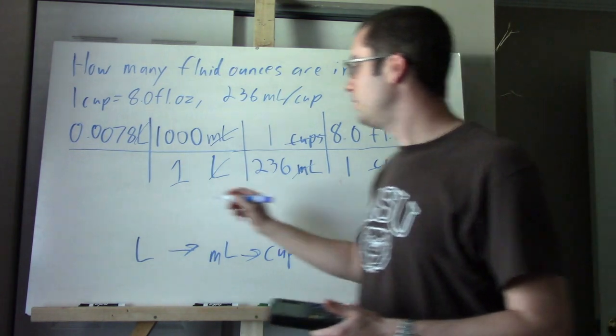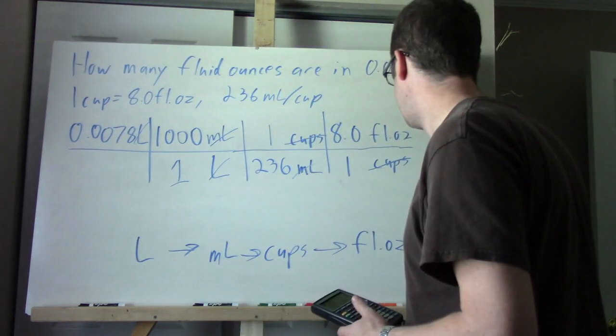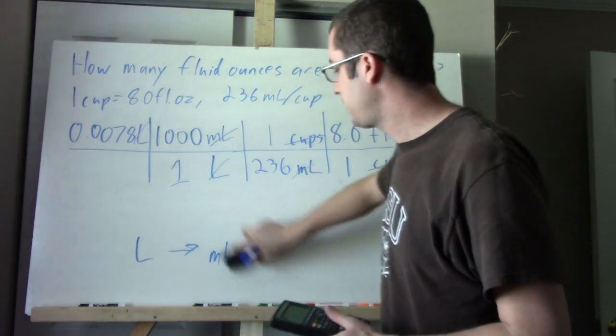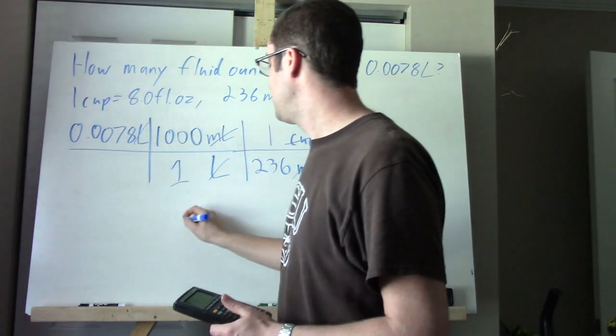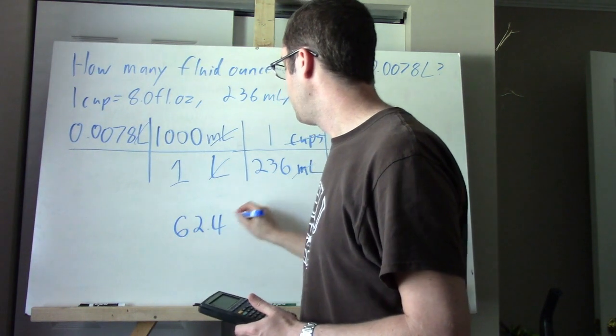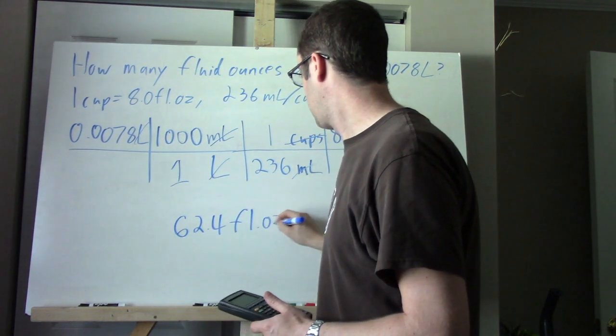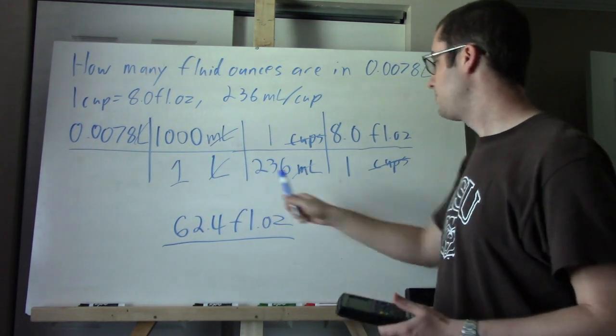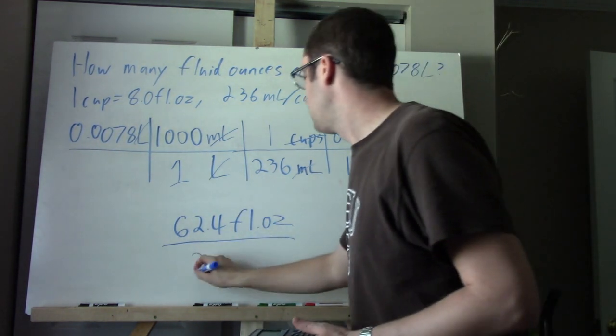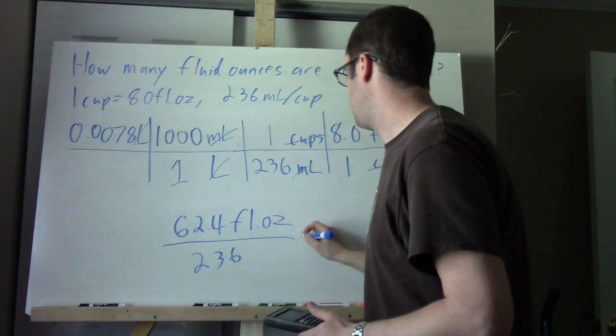And the top is going to be, go ahead and get rid of our roadmap here real quick since we're done with it. Already set up the train tracks. So the top is going to be 62.4 fluid ounces over, then the bottom, 1 times 236 times 1 is 236.